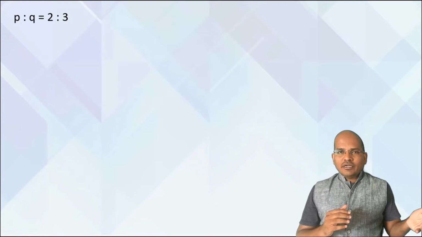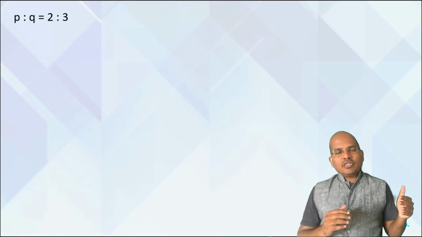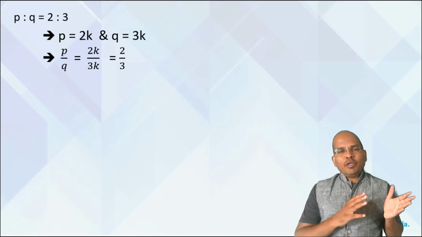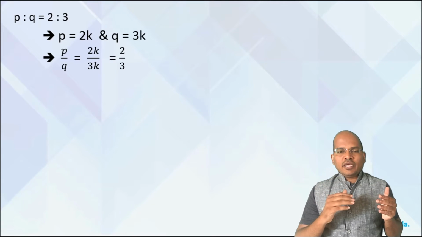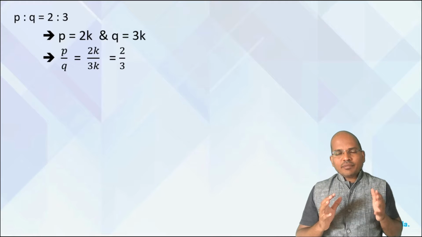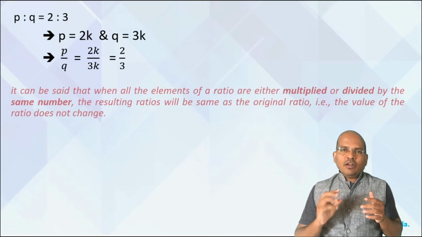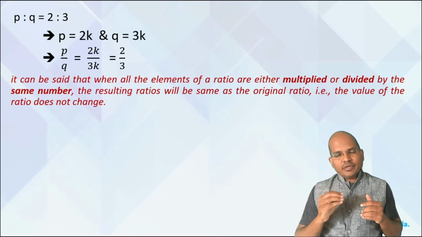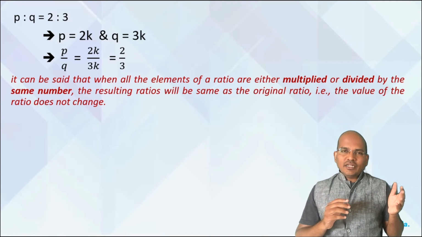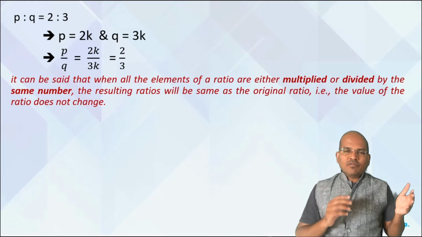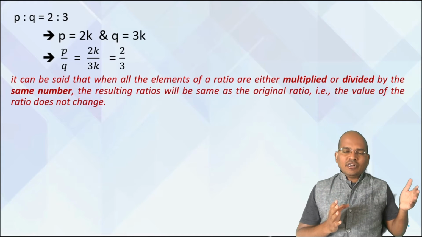So let us learn the concept of P is to Q, where P is 2K and Q is 3K, and you can write P upon Q as 2K upon 3K, that is 2 upon 3, isn't it? So it is clear that when all the elements in the ratio are multiplied or divided by the same number, then the resulting ratio after the operation will be same as the initial ratio only.